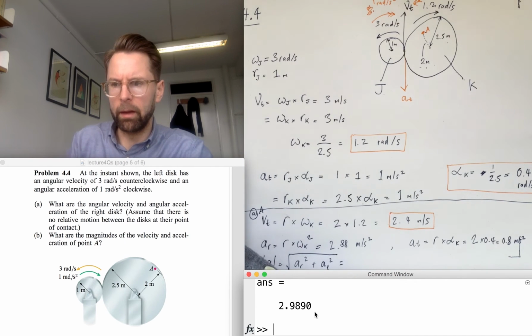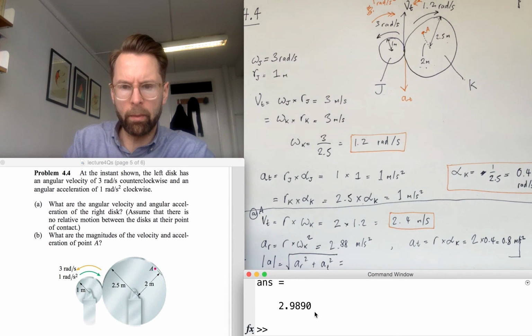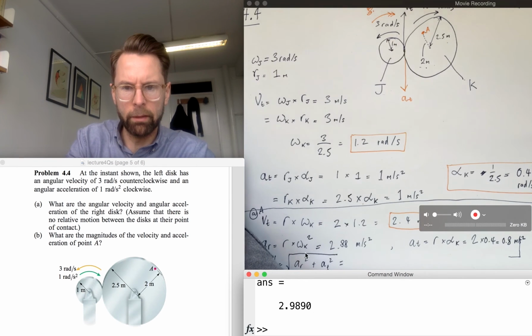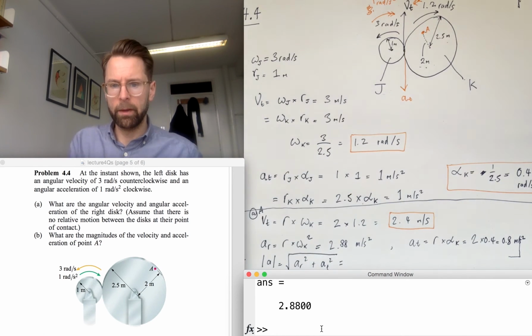Did I calculate the first one wrong? I think I might have calculated this wrong. That should be 2 times 1.2 squared. 2.88. No, it's fine. Okay.